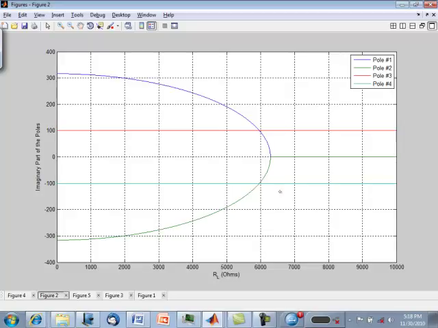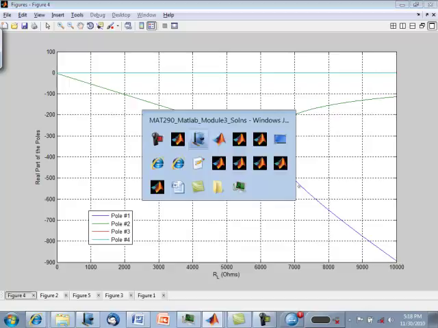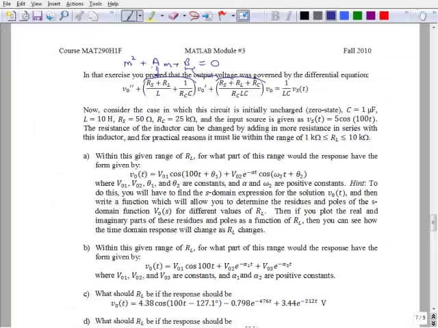If you look at these plots, when our RL is less than this value, which turns out to be about 6,290, and you can see this by just zooming in, we'll get these two cosines.